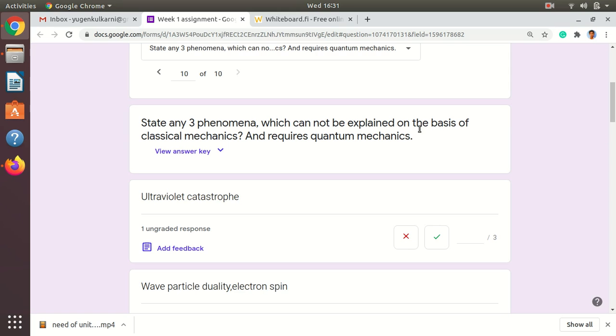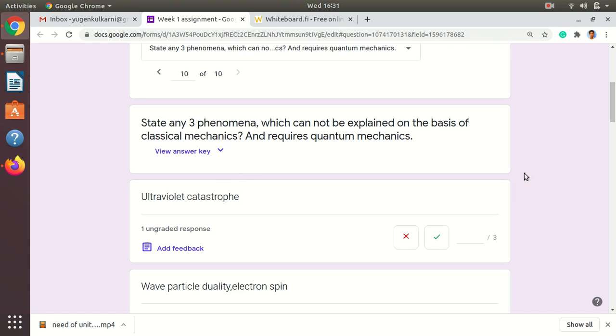Both can be explained by wave-particle duality, which cannot be explained at the classical level. Classically we cannot say something is a wave as well as a particle. That's why we need to state such phenomena or properties.